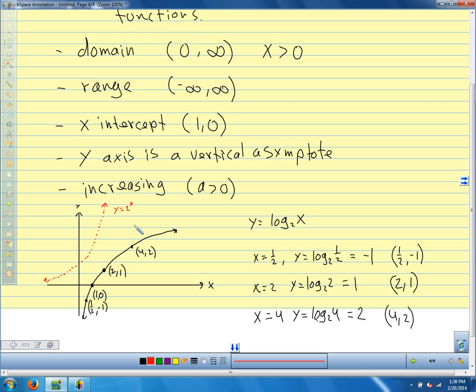Roughly. So questions on how we plotted that graph? Pretty easy. Once we understand how they work, when you're getting additional points, just pick nice points. Pick powers of your base, and you get nice integers. 1, 2, 3, 4, 5.